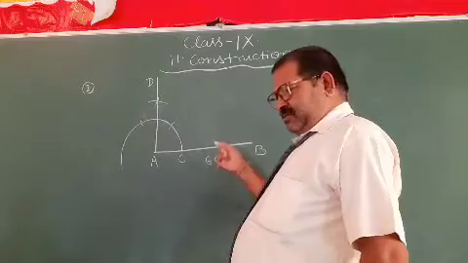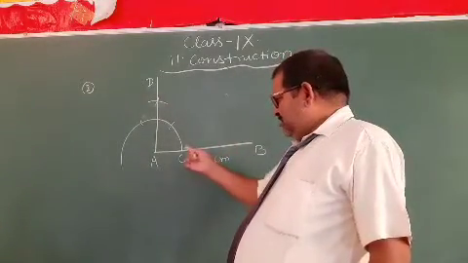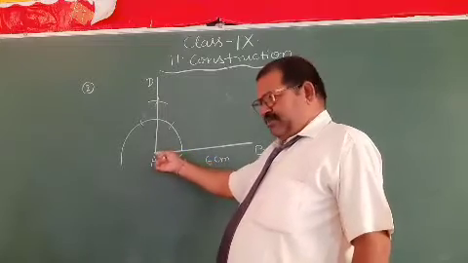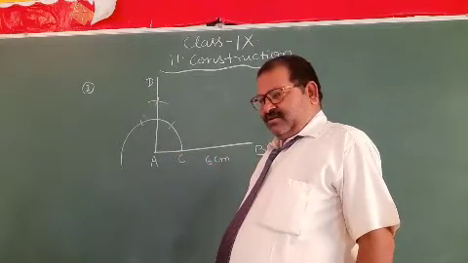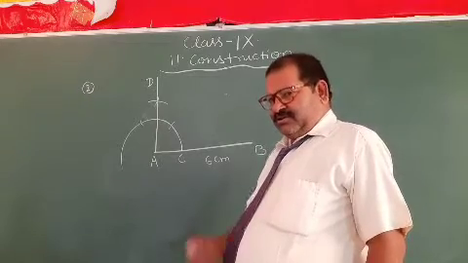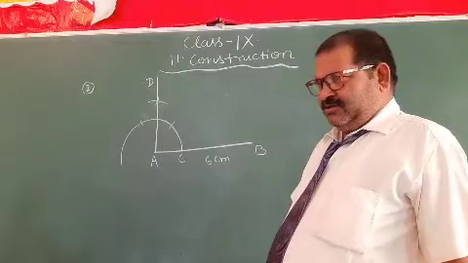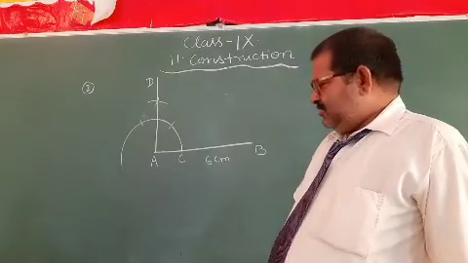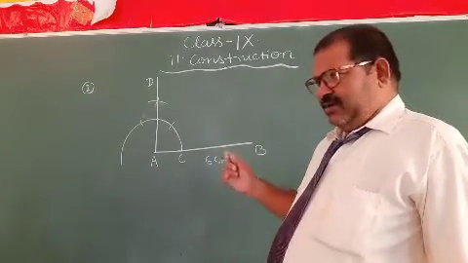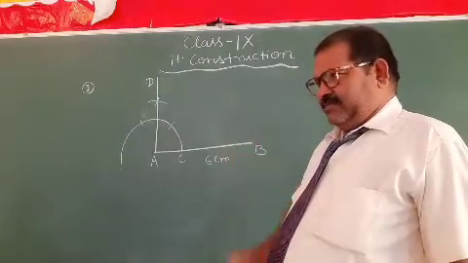Draw an arc from the A and take a point C on the line segment AB to draw an arc and another arc.